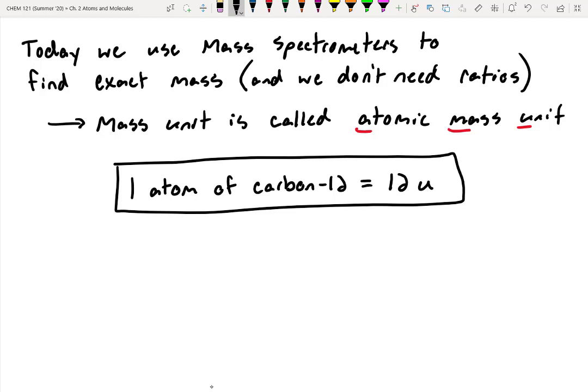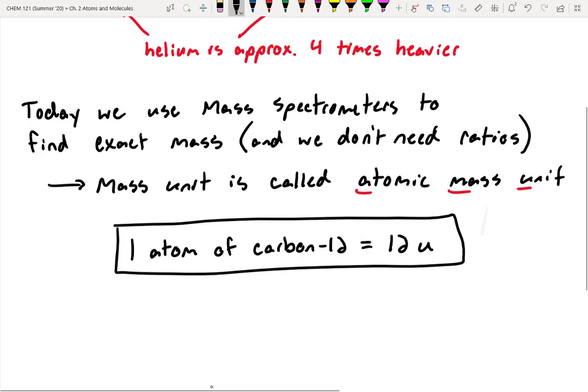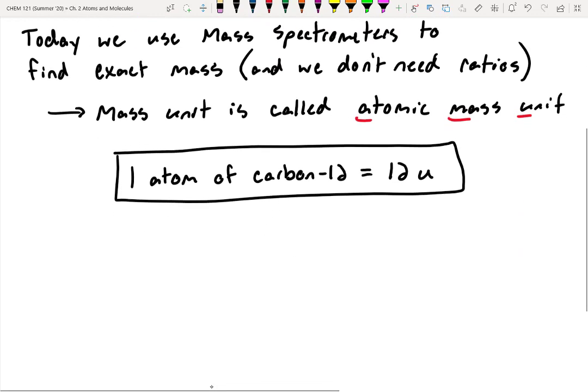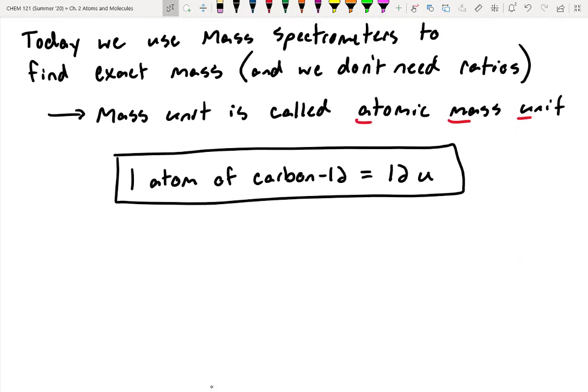Now it is a little bit confusing to think about, because when we think about carbon on the periodic table, it's actually listed as 12.01, not exactly 12. So the question is, what's going on with the periodic table? You may notice on the periodic table, they oftentimes have these numbers that go out to a number of digits. And in this case, that's actually due to something called isotopes. The mass shown on the periodic table is actually an average.